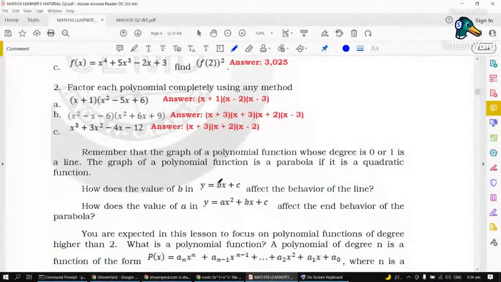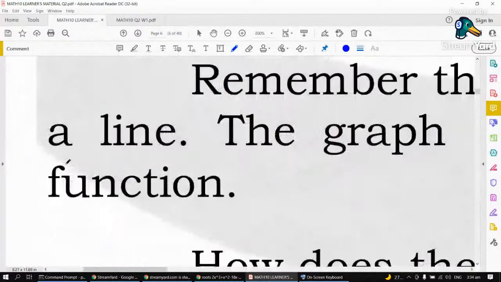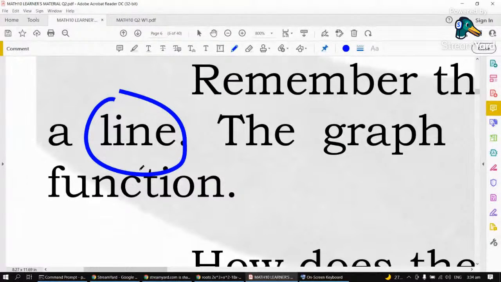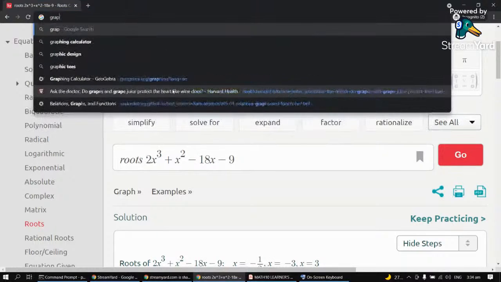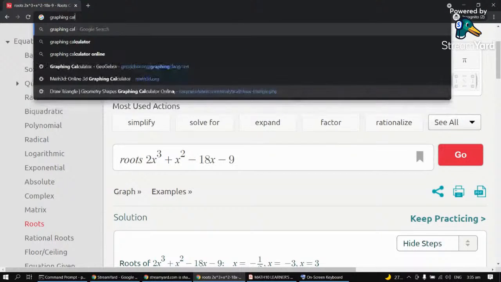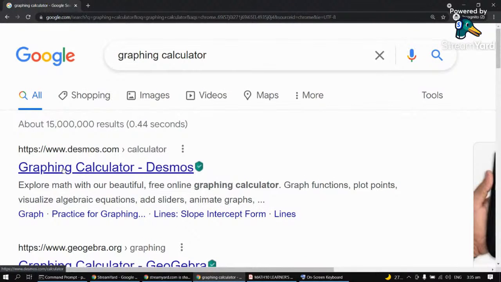So, kapag ang polynomial function, ang degree is 0 or 1, yun daw ay isang linya. Okay? So, testing natin, no? Type natin graphing calculator. Itong Desmos ang usually ginagamit ko, no? Desmos graphing calculator.